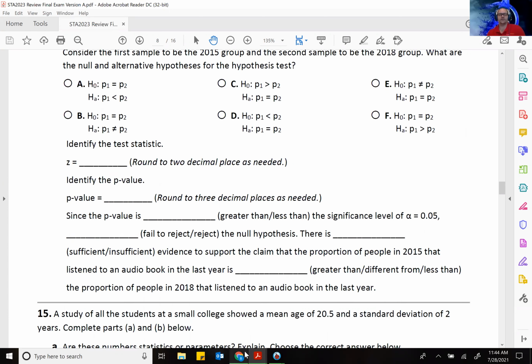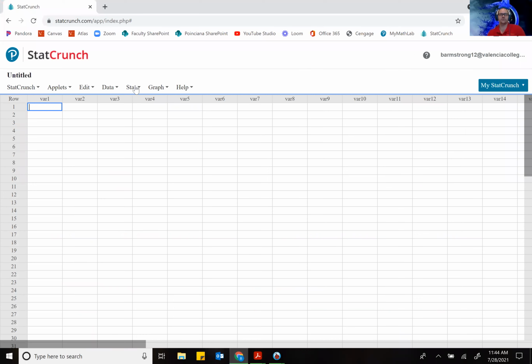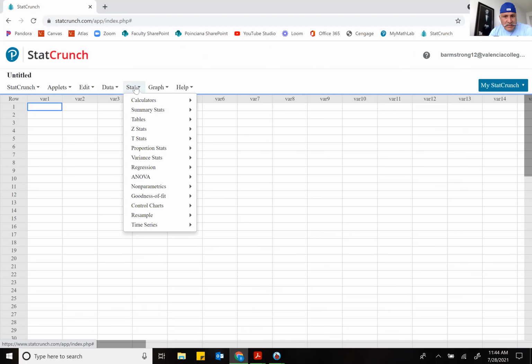Okay. So let's go into StatCrunch. Stat. And what are we running? A t-test or a z-test? It is not a t-test. This is a z-test. Z-tests go with p's, proportions. T-tests go with the means. This is not about a mean. It's about a proportion, p.